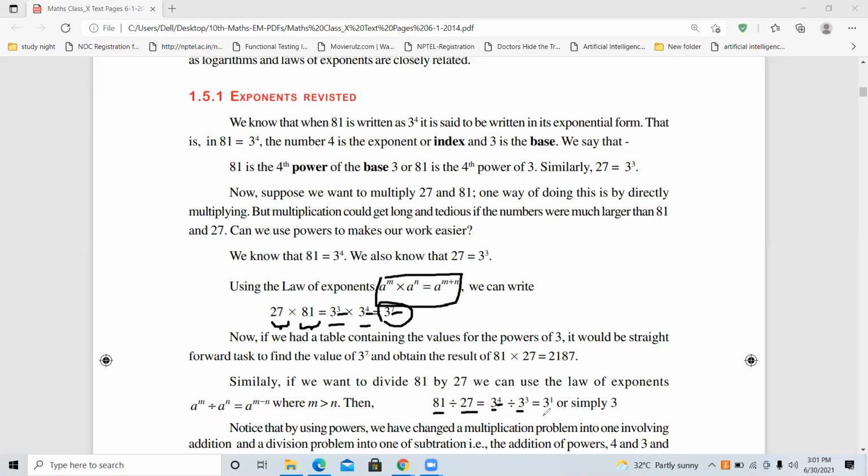When we subtract, 4 minus 3 will be 1, and so the answer will be 3 power 1. In this way, we have to perform the second law of exponents. And the third law of exponents is a power m whole power n equal to a power m into n. In this way, the three laws of exponents can be explained. Now let us move to the next topic.